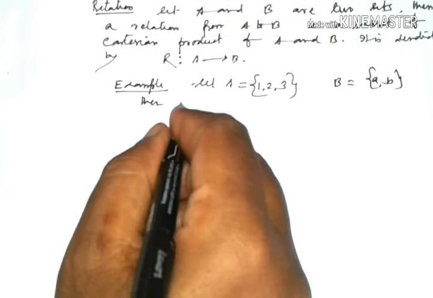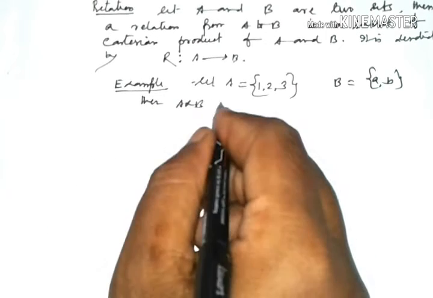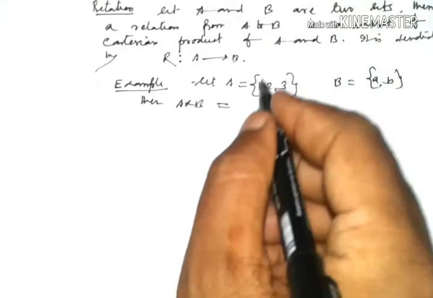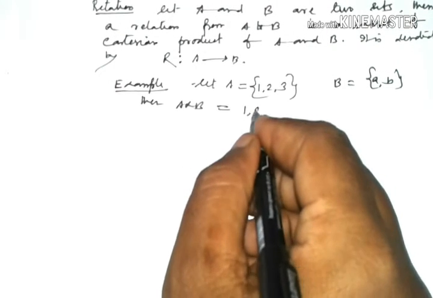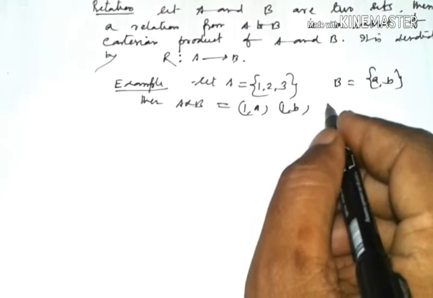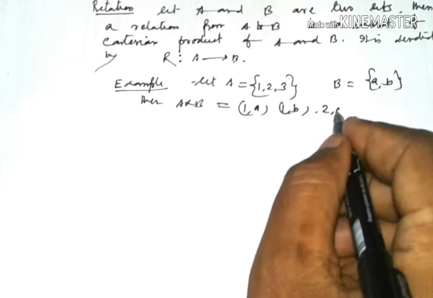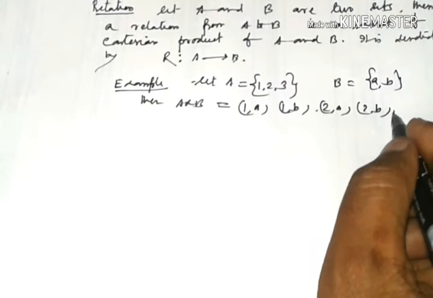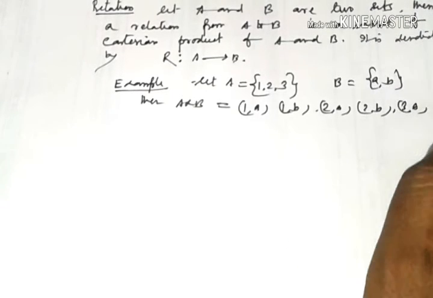Then A Cartesian product B, we have discussed it in the last class also, is 1a, 1b, 2a, 2b, 3a, 3b.